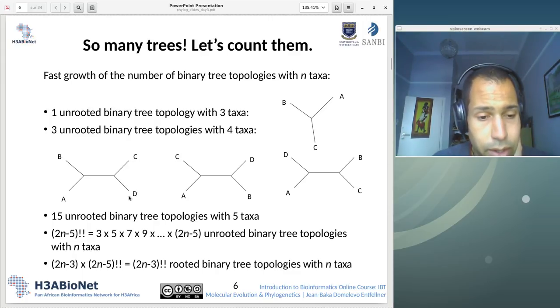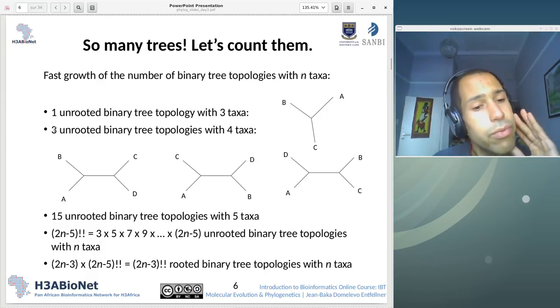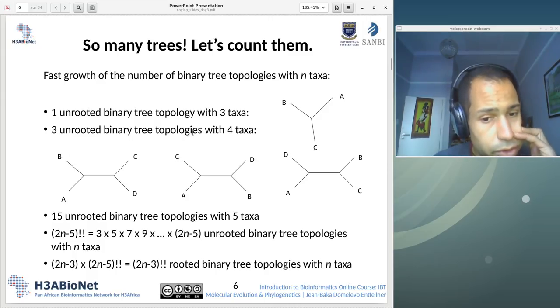Okay, it's just a rotation around this point, and the rotation around the vertex doesn't change the topology. You would still have 1, 2, 3 edges to link A to C, 1, 2, 3 edges to link A to D, and similarly for B to C and B to D. Okay, so it's the same topology. Okay, we have 3 unrooted binary tree topologies with 4 taxa, and they are shown here.